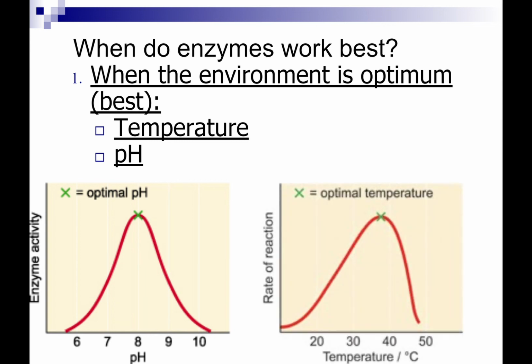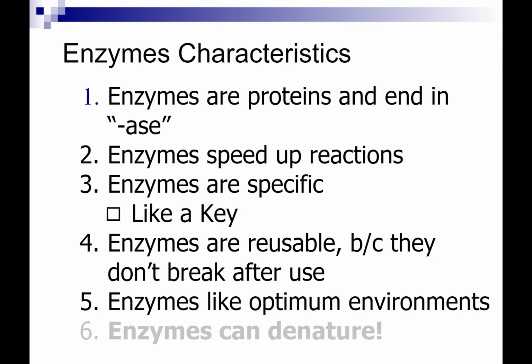Now here, the optimal temperature of the enzyme is about 40, maybe 38 degrees Celsius. So that's very hot. Again, the optimal temperature here is wherever the graph is at its highest. Again, optimum means best.